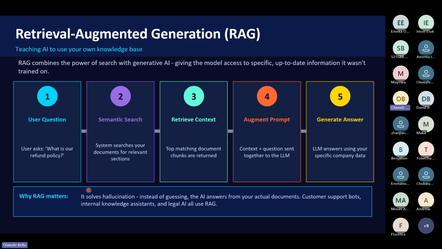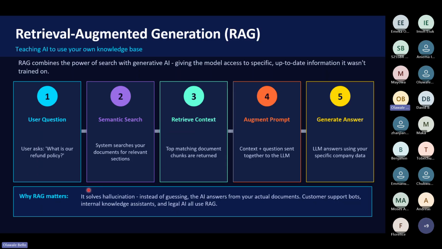So how organizations leverage the RAG system is this: if I want to know something about the company I'm working for and I go to ChatGPT, it is not aware of our internal policy and things like that. So the RAG system is a scenario whereby the organization's information is leveraged.